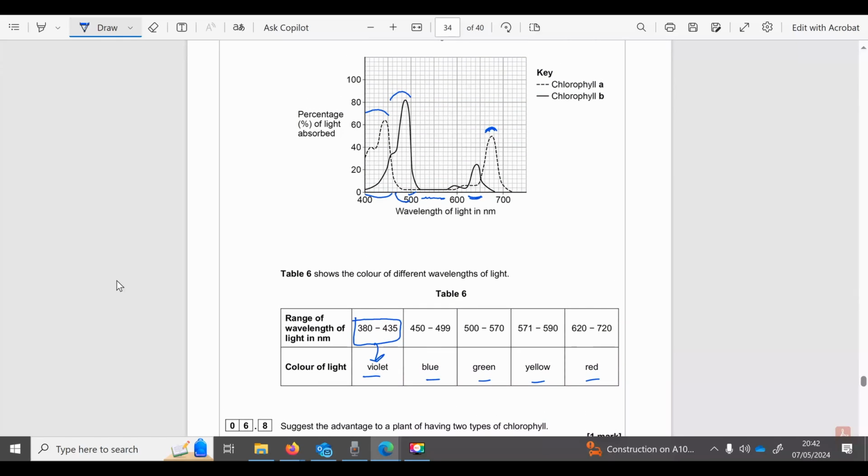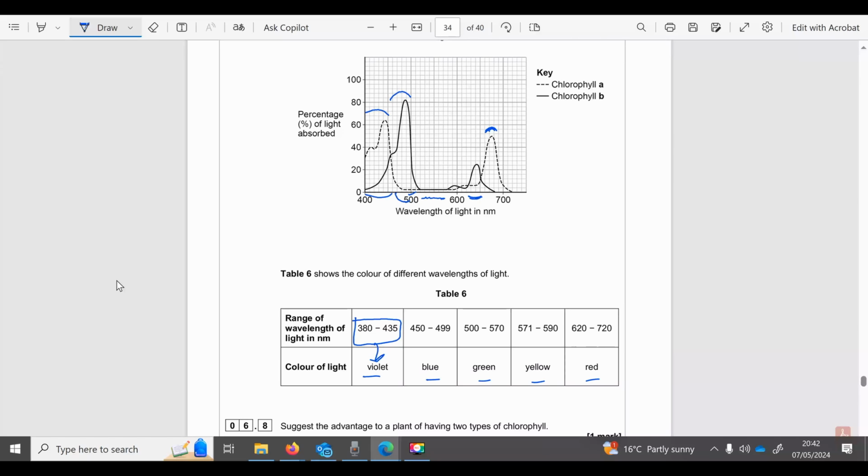Why is that useful to a plant? Well, if we take both of these chlorophylls to be in a plant, that essentially means that the range in which they can absorb light is going to be greater. If it was just chlorophyll B, then the range would be a bit shorter because you wouldn't have anything just around 500 or just before 500.